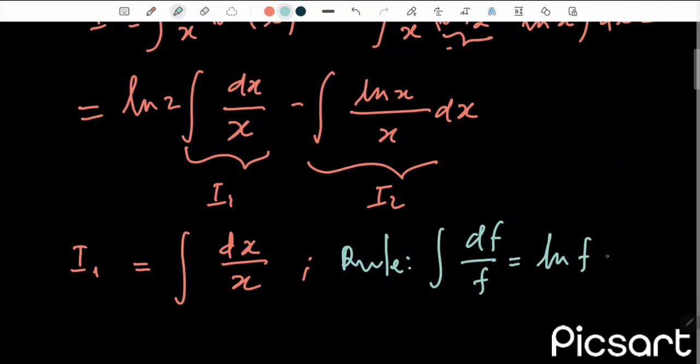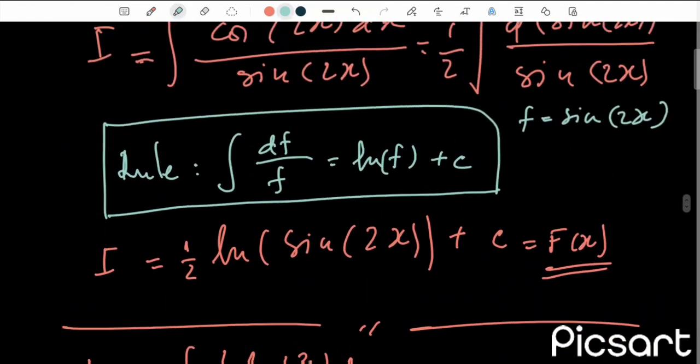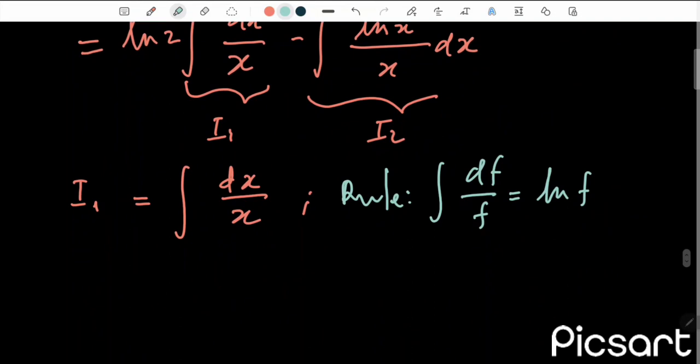For now, we will only include the constant of integration for the full I. This is actually the same rule that we applied for the previous exercise, which is this one. And now this means that I1 is equal to ln of x.